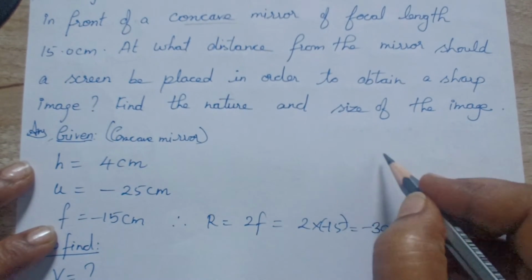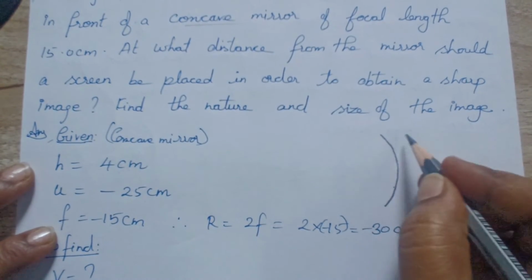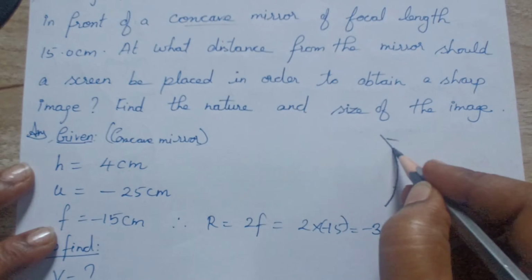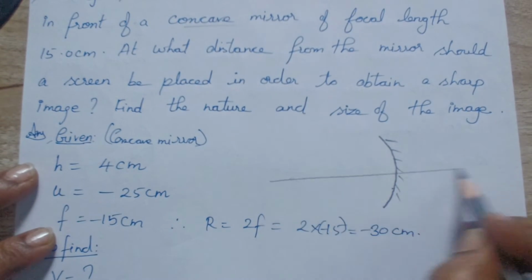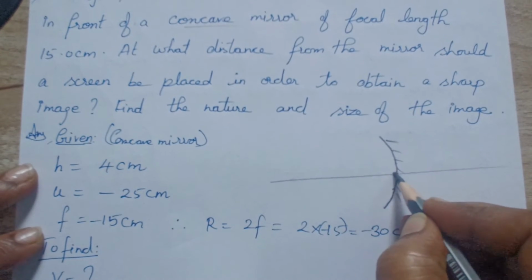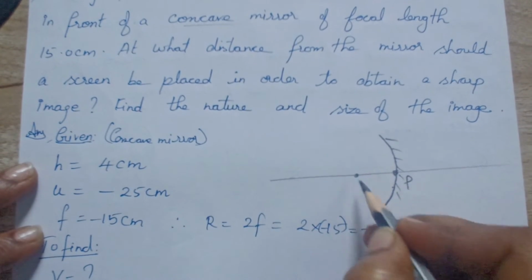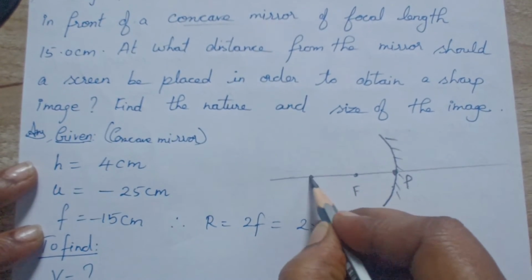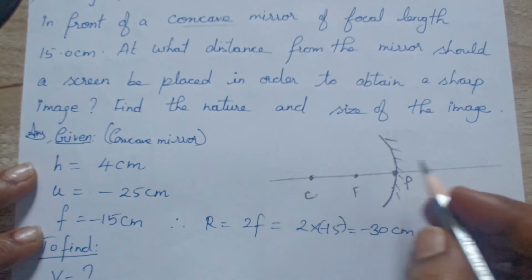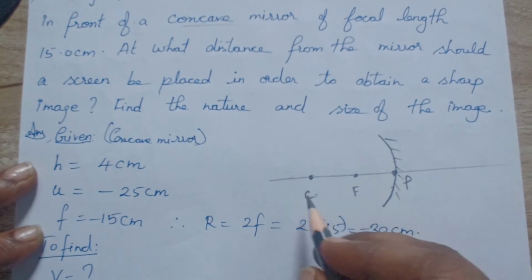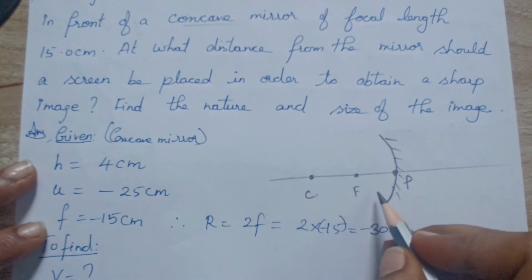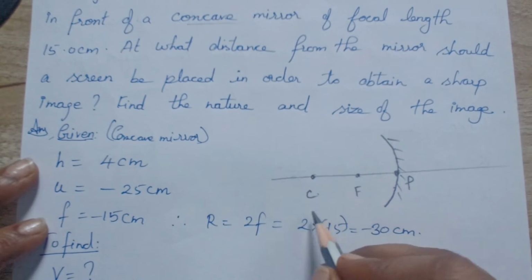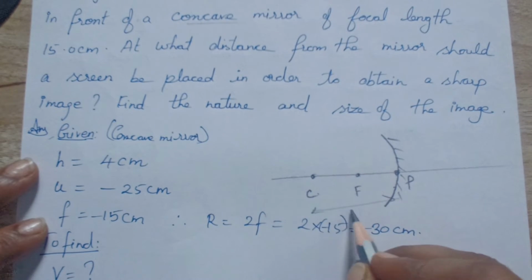Since it is a concave mirror, it curves inwards, and this is the non-reflecting side. This is the pole, this is F, and this is C, the center of curvature. This is the negative side of the x-axis, so F is minus 15, which means the radius of curvature will be 30.